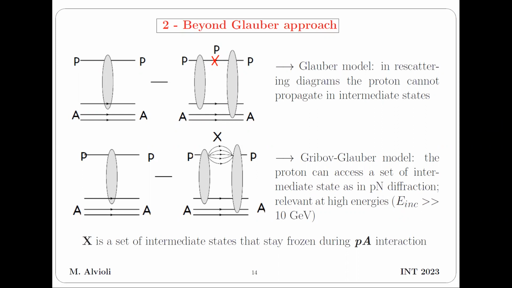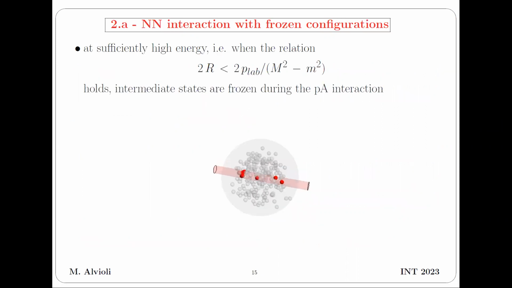Because these different states at high energy effectively stay frozen during the time that the proton crosses the target nucleus, the proton may have different interaction strength as a function of these different states. It can fluctuate too.